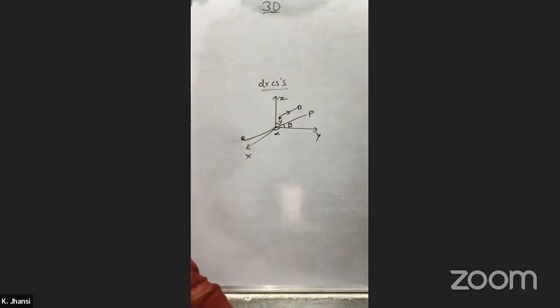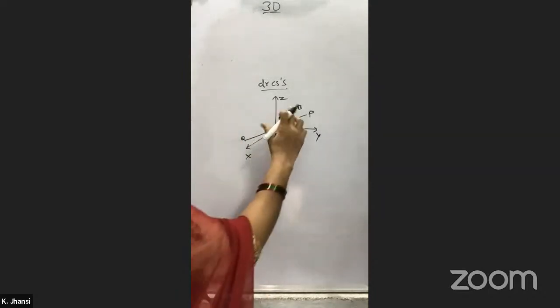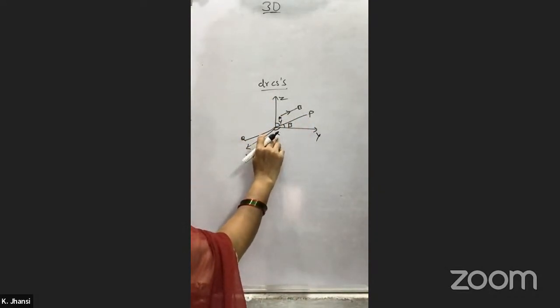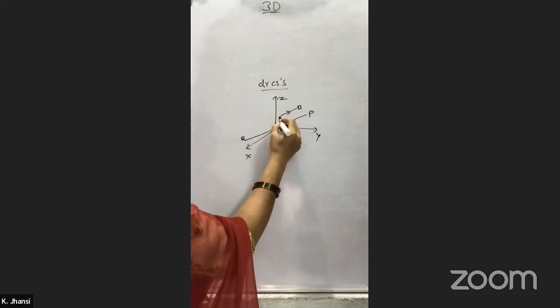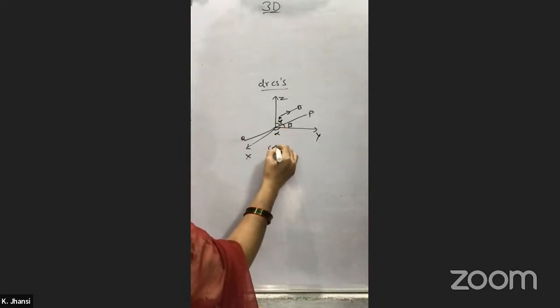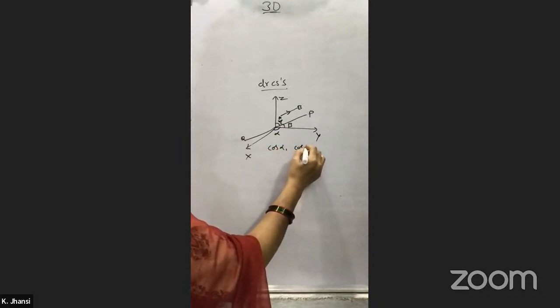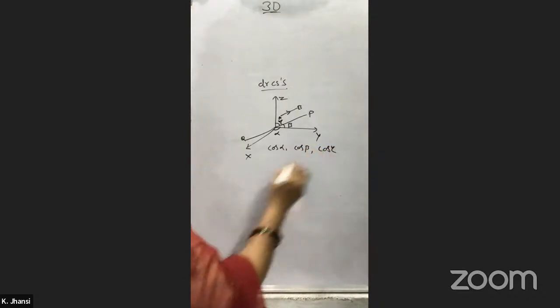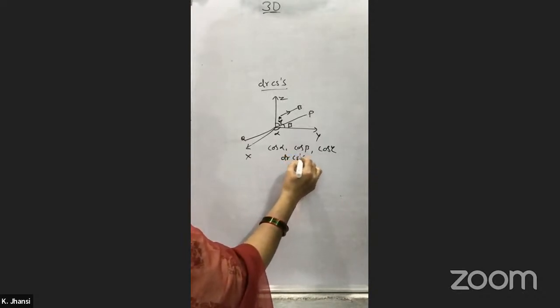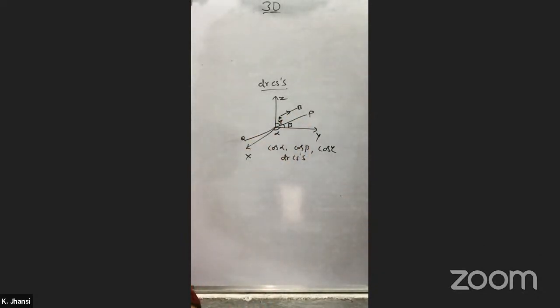So then cos alpha, cos beta, and cos gamma are called the direction cosines of the given line.